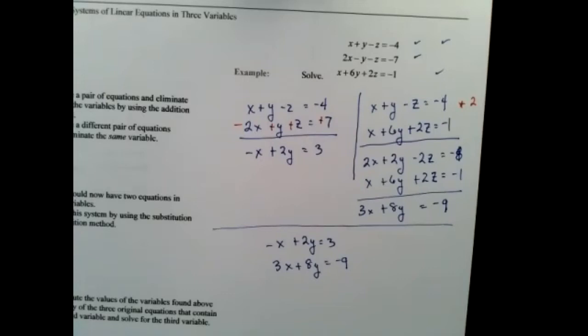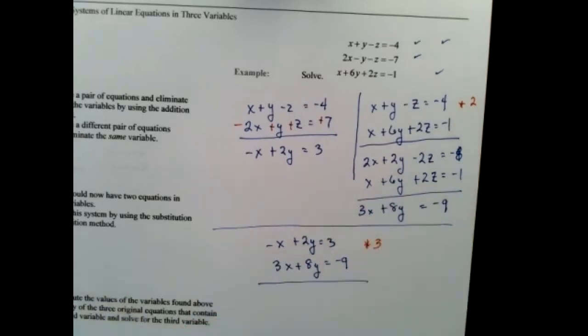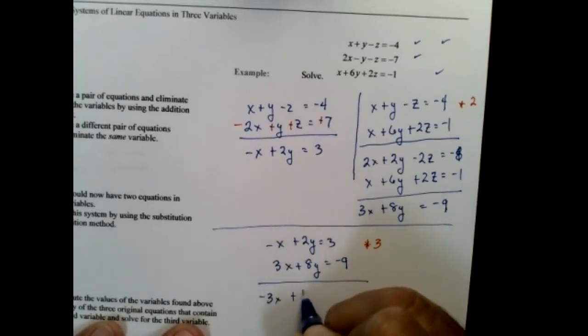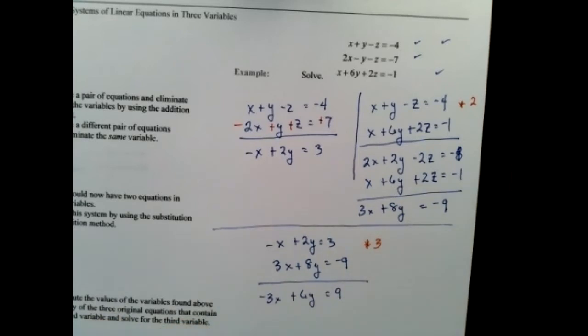And this is all we were doing the other day. I'm going to take this row and get rid of the x, so I'm going to multiply by 3. Negative 3x plus 6y equals 9. 3x plus 8y equals negative 9. 14y equals 0.